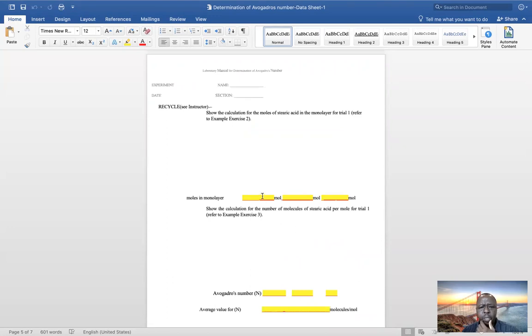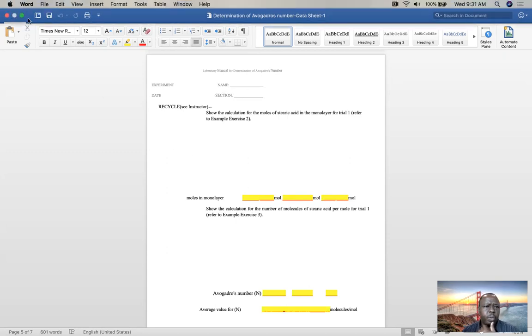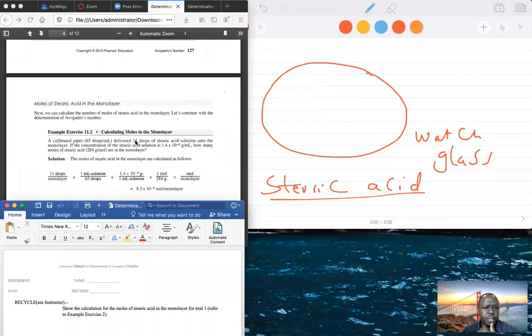That means the molecules for 9 drops, for 10 drops, for 11 drops. Avogadro number is the number of molecules in part A over the moles. Once you know the number of moles, you will divide.